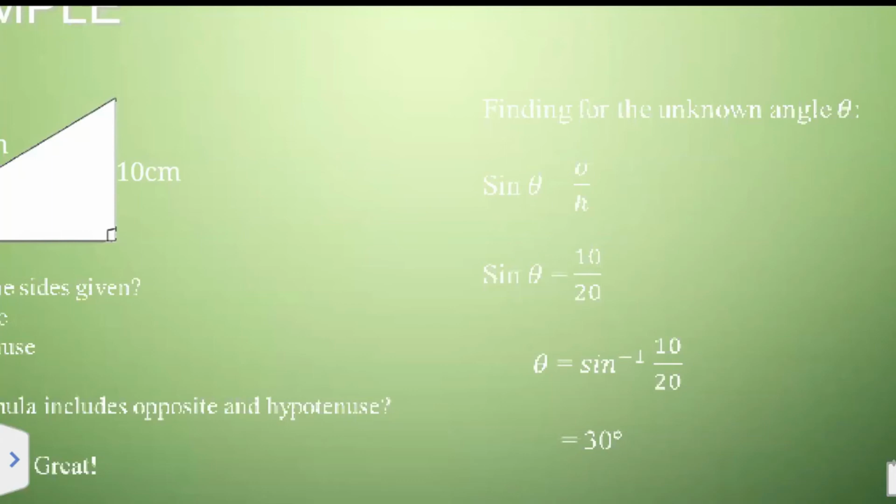Now, after you would have pressed that, you will get sine inverse. Sine with this -1 to the top there. Sine inverse, and then in bracket, what you can put is 10 over 20. Then you close bracket. And that should give you 30 degrees.